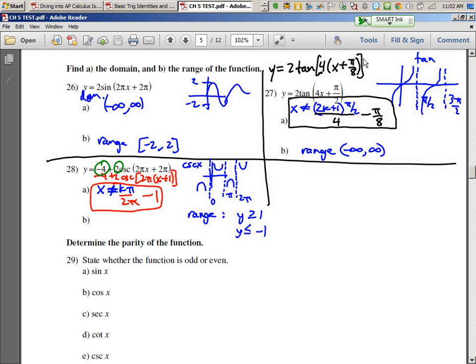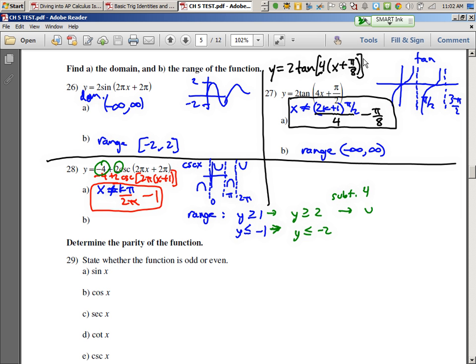Those are vertical changes. So first thing we would do is dilate, multiplying the y's by 2. This would be y is greater than or equal to 2 now. This would be y is less than or equal to negative 2. Why? Because we have vertically stretched the graph. And we've downshifted.